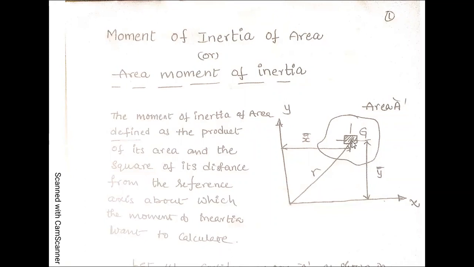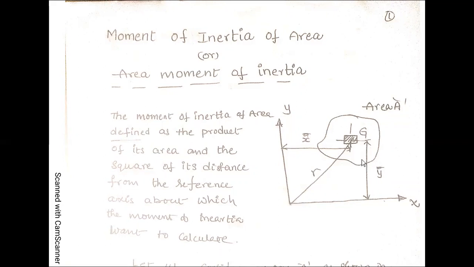So this is the G point, the centroid point or center of gravity point, which is y distance from the x-axis and x distance from the y-axis, and r distance from the axis perpendicular to the xy plane, that is the z-axis.